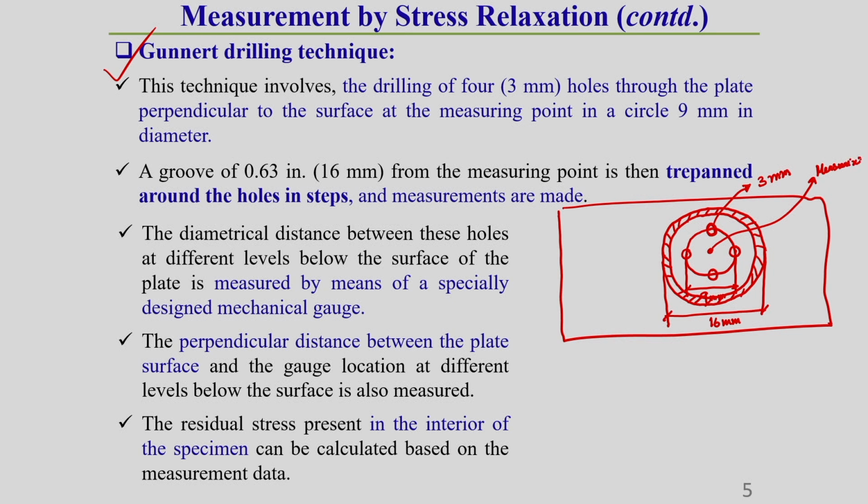You keep it in mind, measuring point. Okay. So, how to measure the stress, I am going to show you. First of all, a groove of 60 millimeter from the measuring point is then trepanned around the hole in steps. That means step by step we have to make this trepan groove through the thickness.